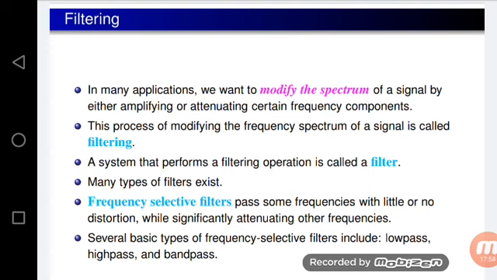Several basic types of frequency selective filters include low pass, high pass, and band pass filters. Why are we using low pass, high pass, and band pass filters?